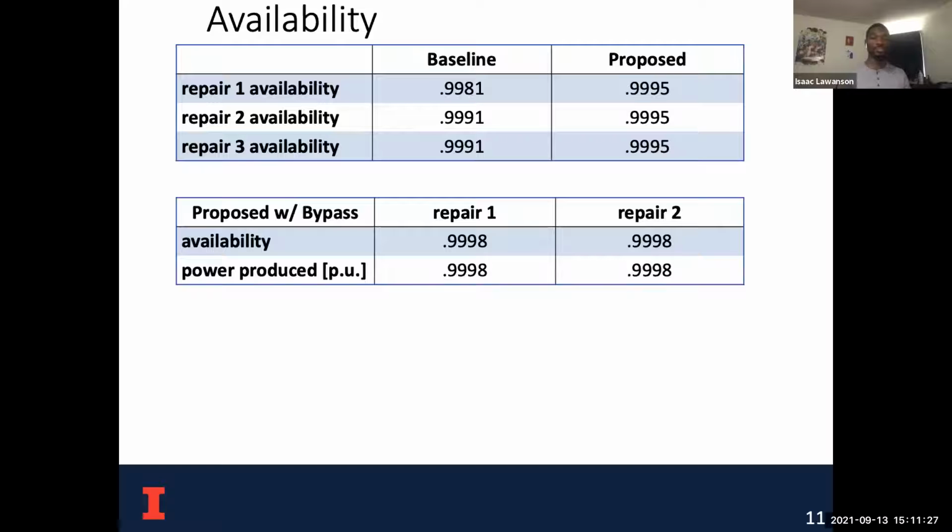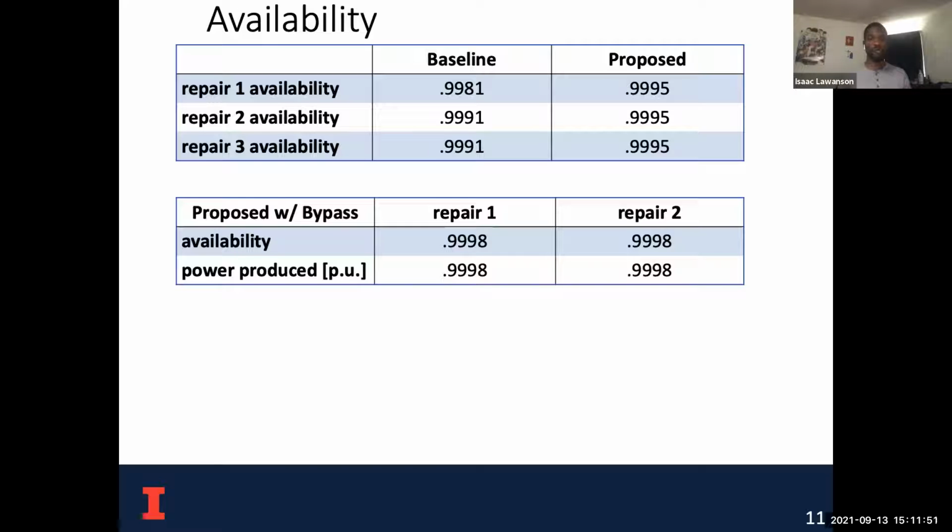And then these show for the different repair strategies how available we expect the converter architectures to be. So for repair strategy 1, for the baseline, we expect it to be 0.9981 available. And then for repair strategy 2 and 3, 0.9991.